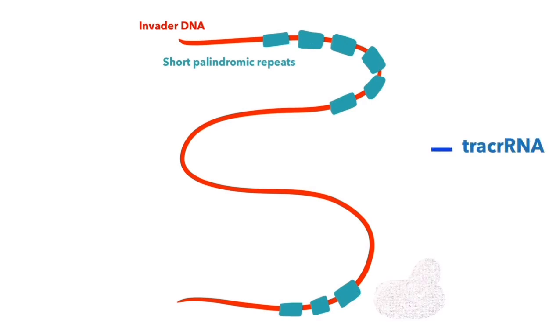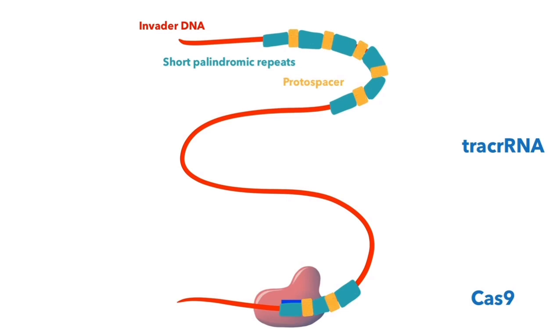So, basically, the tracrRNA, along with the Cas9 protein, initially selects the repeated nucleotide sequences within the target DNA of the invading virus or phage. The repeated nucleotide sequences, or the short palindromic repeats, are alternately interrupted by nucleotide sequences known as protospacers.